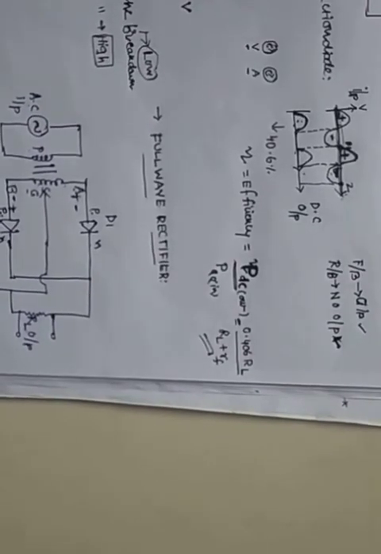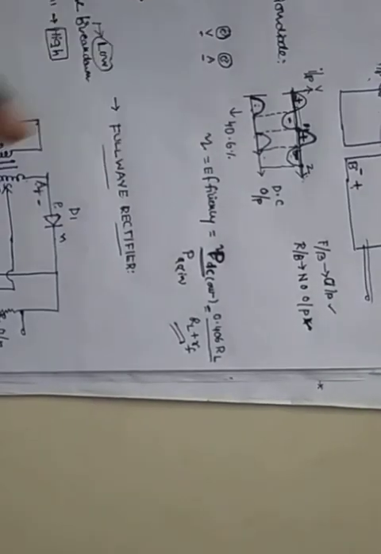That means you will get 0.812 RL by RL plus RF. Okay, that is about the efficiency of the full wave rectifier. That means in comparison with the half wave rectifier, for the full wave rectifier we are getting 2 times that of the half wave rectifier. That is about the rectifier, half wave as well as full wave rectifier.